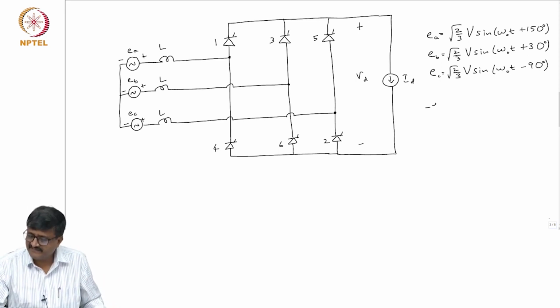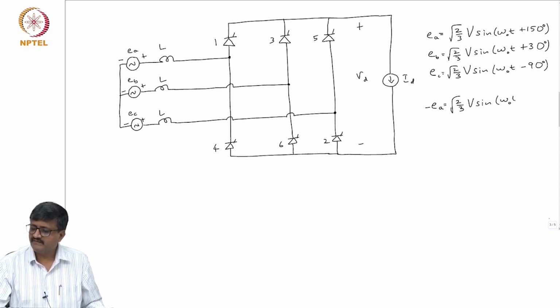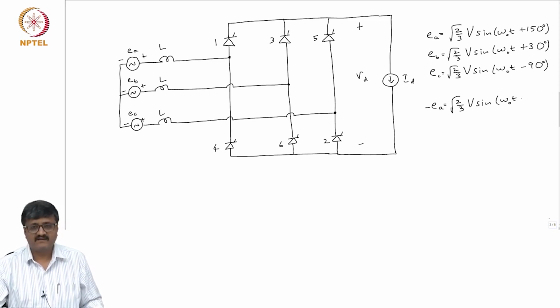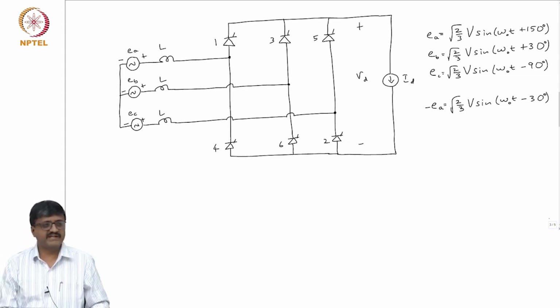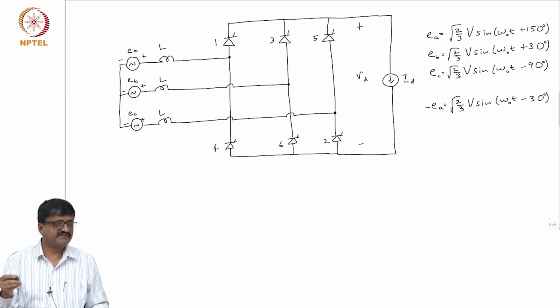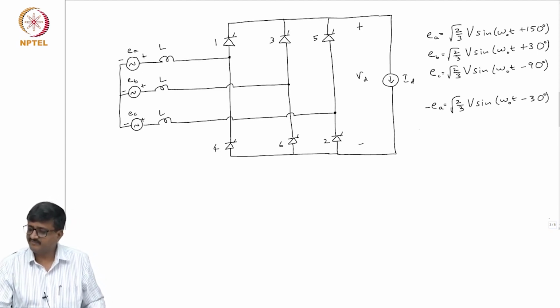So, minus EA is root 2 by 3 V sin omega OT... what is the phase angle of minus EA? Of course, I will restrict the phase angles to be within minus 180 and plus 180. So, it is minus 30.